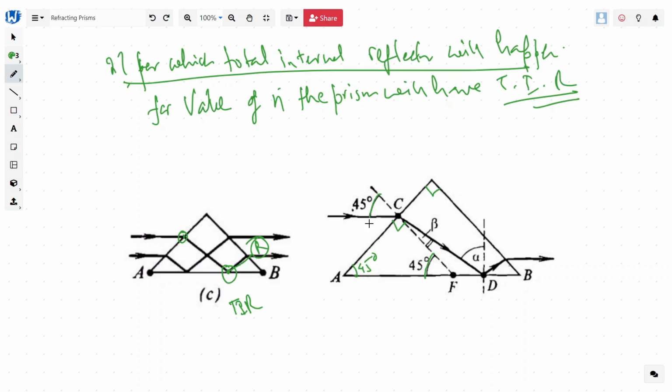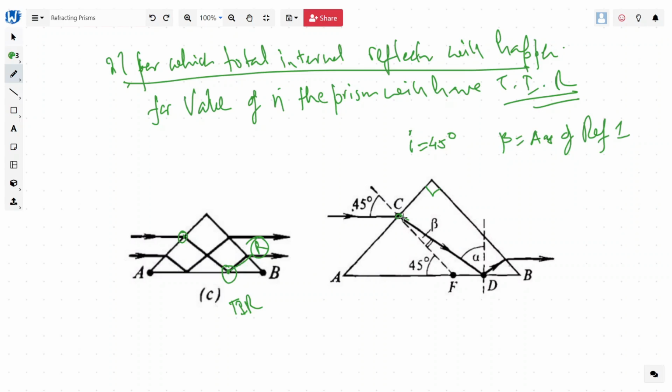So the angle of incidence: this is 45, this is 45, and this is 45, right? So the angle of incidence at the origination, when visiting the prism for the first time, i is equal to 45. And we know that we can write the equation of Snell's law at the point C. Now it is getting refracted. From the normal, this is beta, which is the angle of refraction.